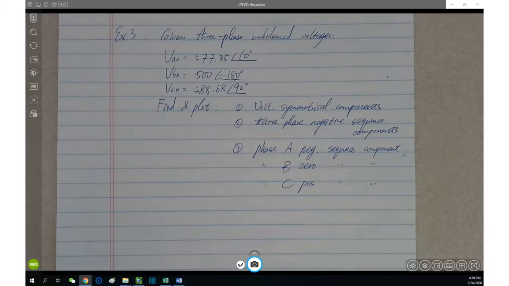So go ahead. If we're given VAB, should we convert that to VAN then to get the sequence or the symmetrical components? Well, first of all, I'm not planning to do that to you. In a balanced system, you can do that. In unbalanced, you cannot directly apply that root 3 phase angle 30 degree.